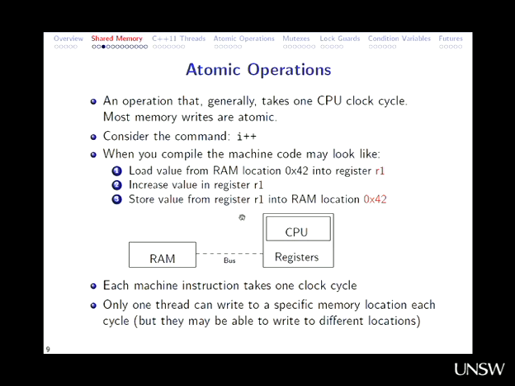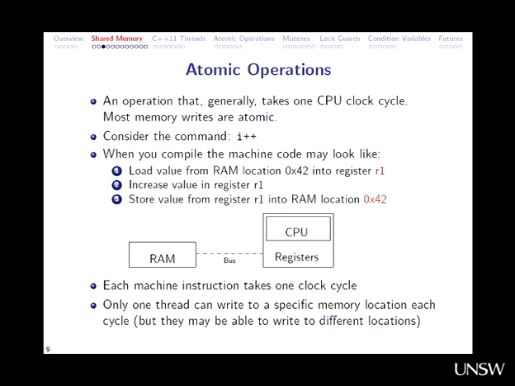Step 3 is we store the value from register 1 back into that memory location in RAM. So we write that back out to RAM. That might be a third clock cycle. Again, I am hand waving, but this is roughly how it works. You can think of your CPU and its cache registers as one physical unit, and the RAM is over here, connected by the system bus.